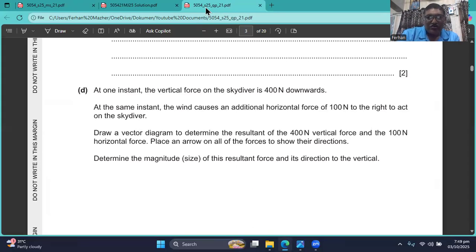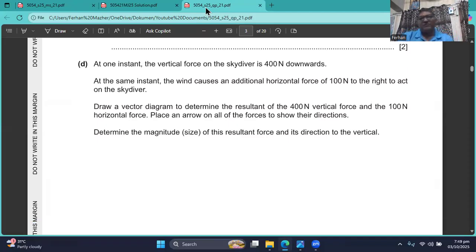So I'm going to use the parallelogram law to find the resultant of the two vectors. 400 newton force is acting downward, 100 newton force is acting to the right horizontally. I will put both these vectors in such a way that the tails are joined together. Then I will suppose that they are the adjacent sides of a parallelogram, and I will complete that parallelogram.